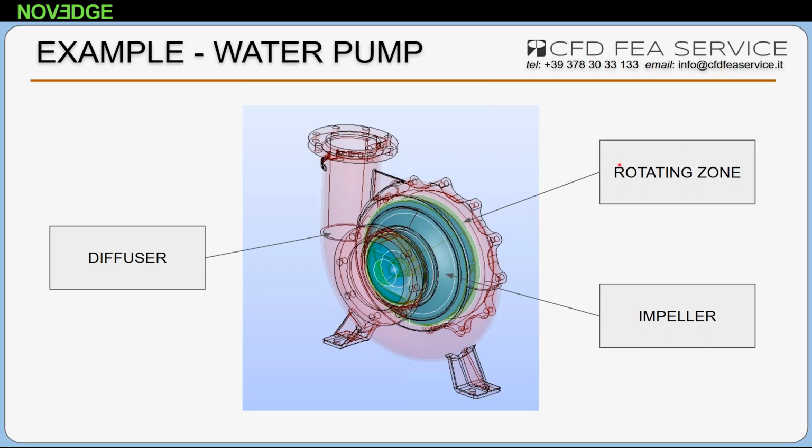This is an axially symmetric body which must completely contain the impeller. This rotating zone is needed by the CFD software, in our case OpenFOAM, to define which volume is under rotation, while everything else is standing still, not moving at all.